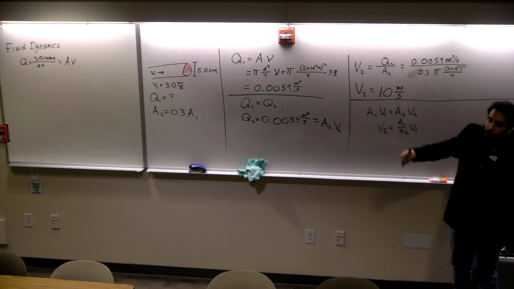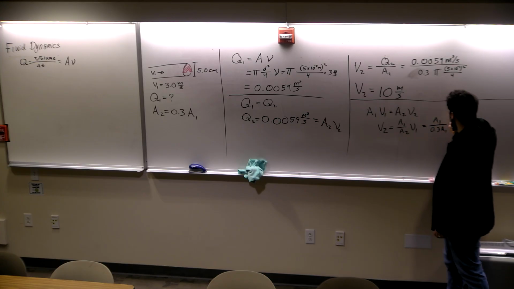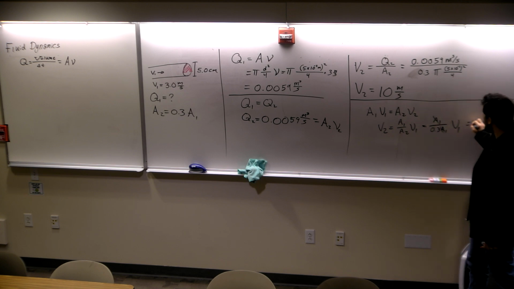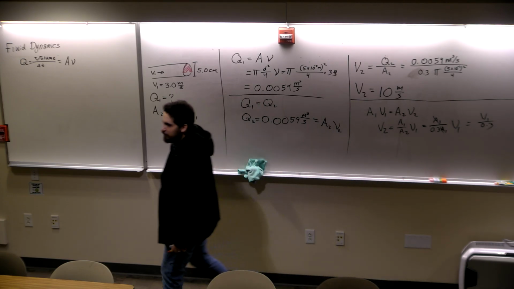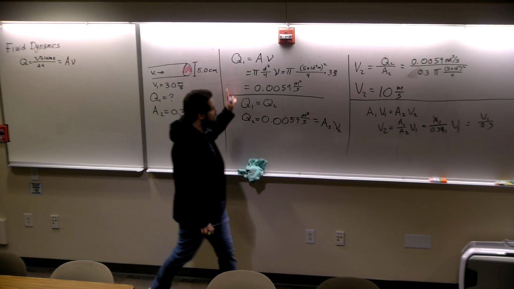Area 2 is 0.3 times area 1. Area 1 cancels out, so you get velocity 1 divided by 0.3. And when you take 3 and you divide by 0.3, what do you get? You get 10.